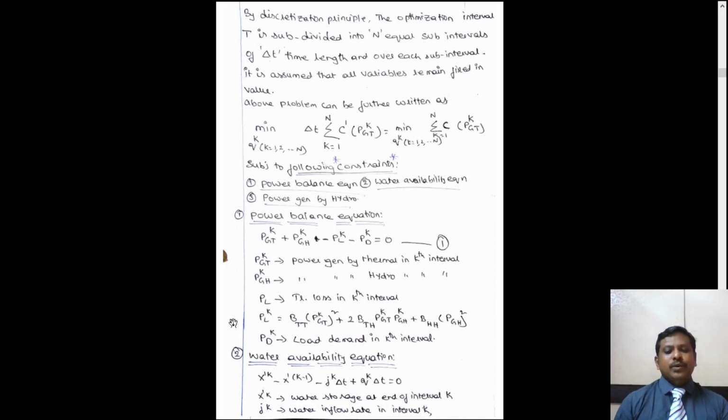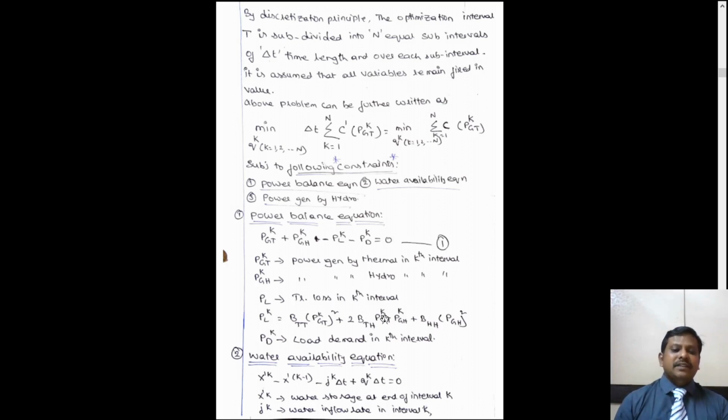The transmission line losses we have already calculated with the help of the B coefficients in unit 1. You can watch the unit 1 video for how we solved the B coefficients. So PL is given by BTT PGT square. Generally in unit 1 you will have P square G1 B11 plus P square G2 B22 plus 2 B12 Pg1 Pg2.